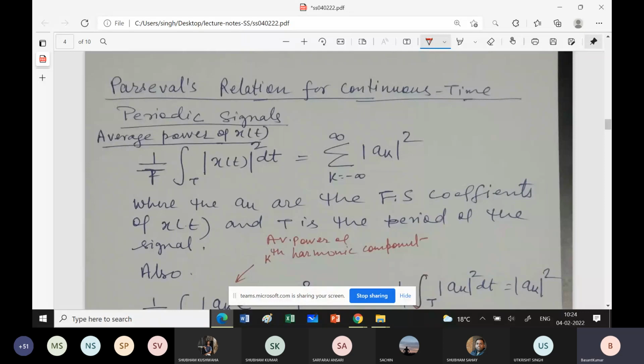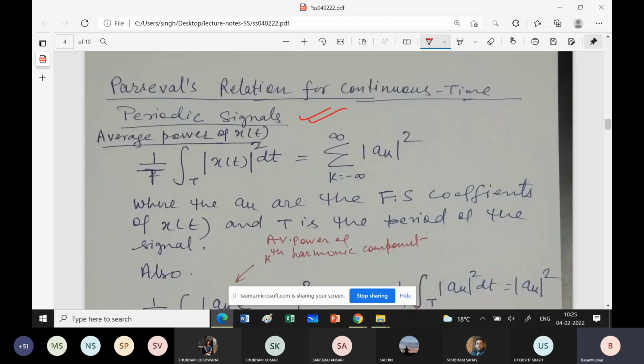Now if you have represented some signal in Fourier series representation, which is a combination of harmonically related signals of higher harmonics, then by observing the Fourier series representation you should be able to compute the power of the signal. There is a relation given by Parseval. So Parseval relation for continuous time periodic signal.